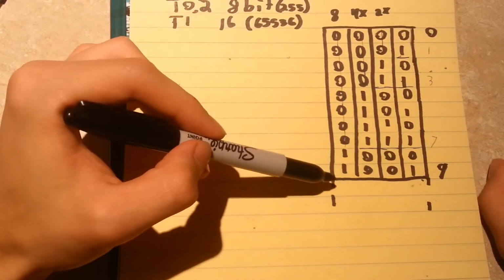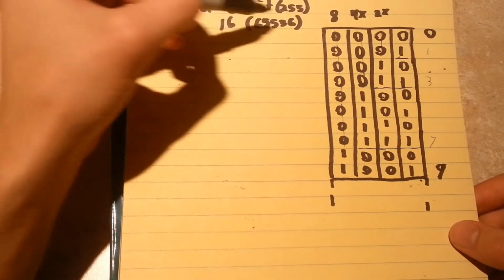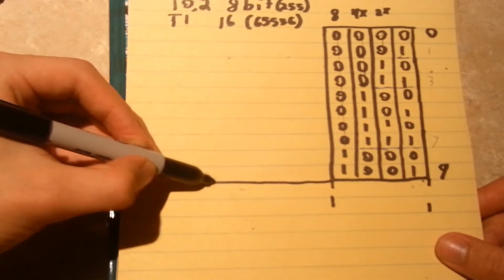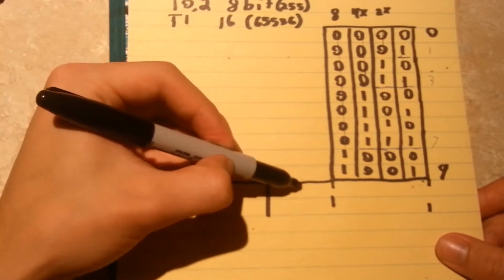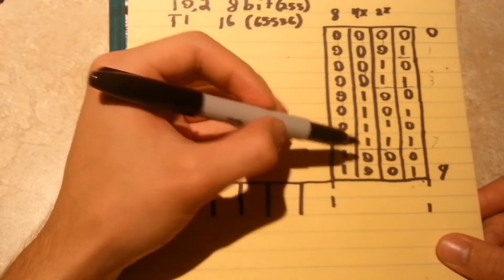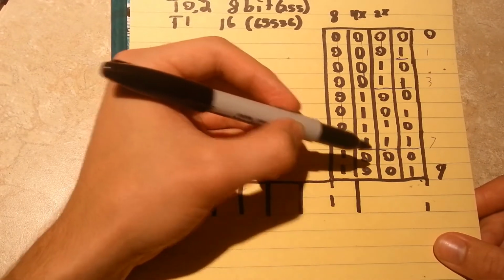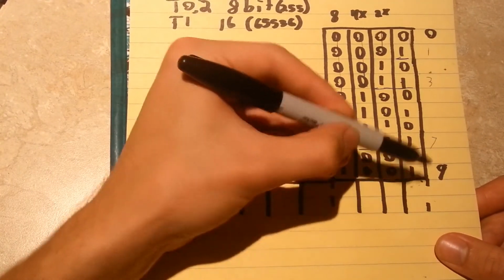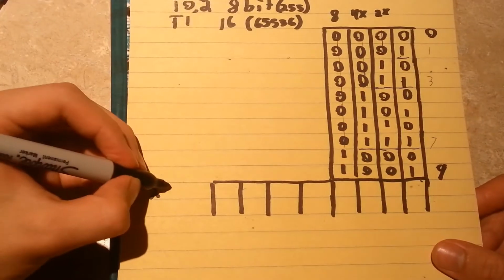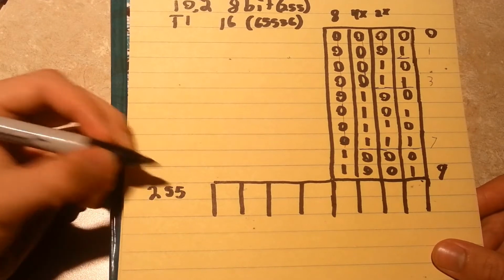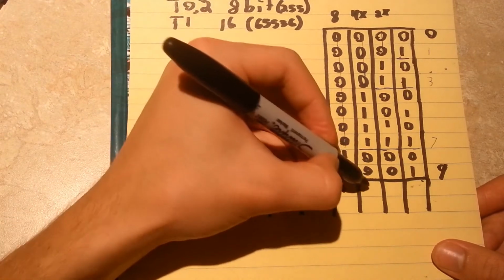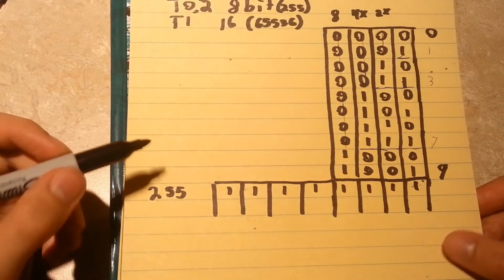Obviously, these 4 bits are going to fill up and we're going to need to draw out all 8. So let's say our counter has made it to 255, which occurs when all 8 bits are set, are 1.